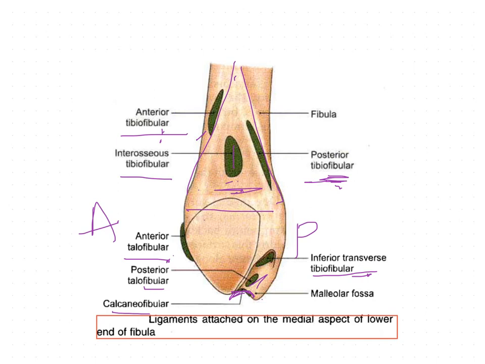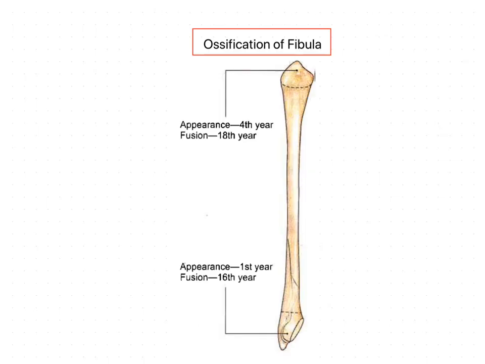Now, if you see the ossification of the fibula, it ossifies from one primary and two secondary centers. The primary center for the shaft appears during the 8th week of intrauterine life.